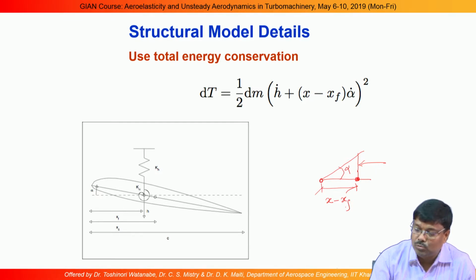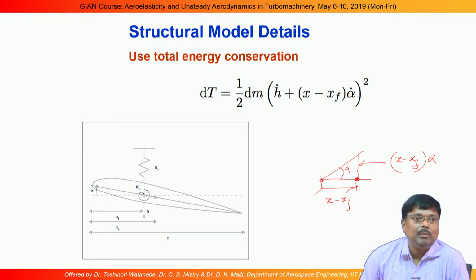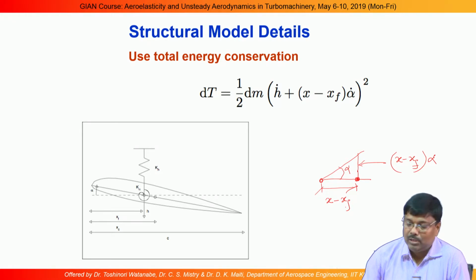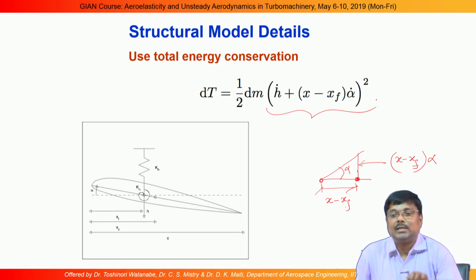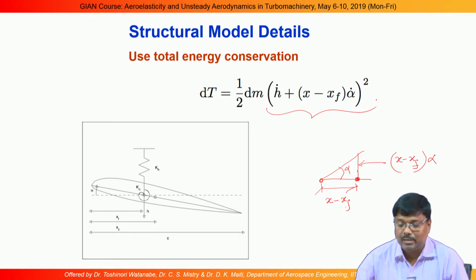So, in addition to h we have the deformation x minus xf into alpha, basically tan alpha, but tan alpha is small, so we can approximate tan alpha as nothing but alpha. So, this equation is whatever we are getting at the center of gravity, h dot plus x minus xf alpha dot whole square is the kinetic energy, whatever finally it is coming here.